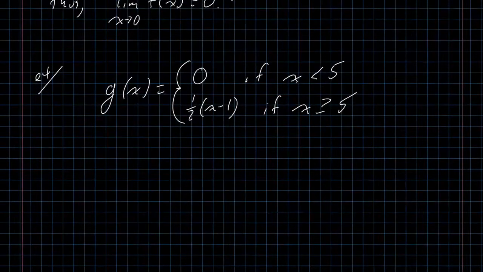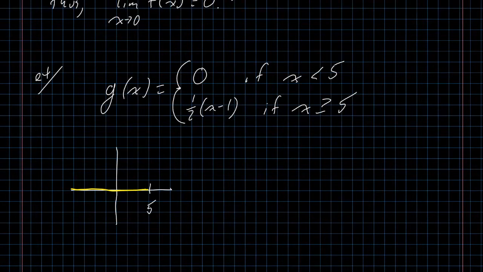Once again, you could use computer software to graph this function if you wanted to, but it's a relatively simple function, so I can just sketch the graph by hand. All right, here's 5 over here somewhere. And so when we are less than 5 it looks like that. Then 1/2 of x minus 1.